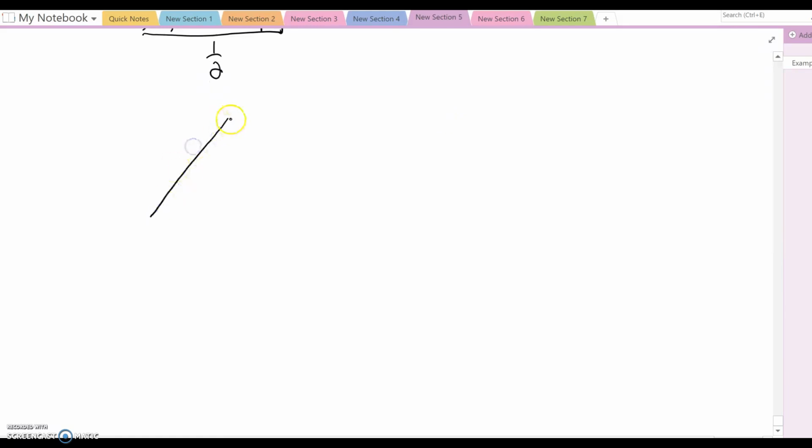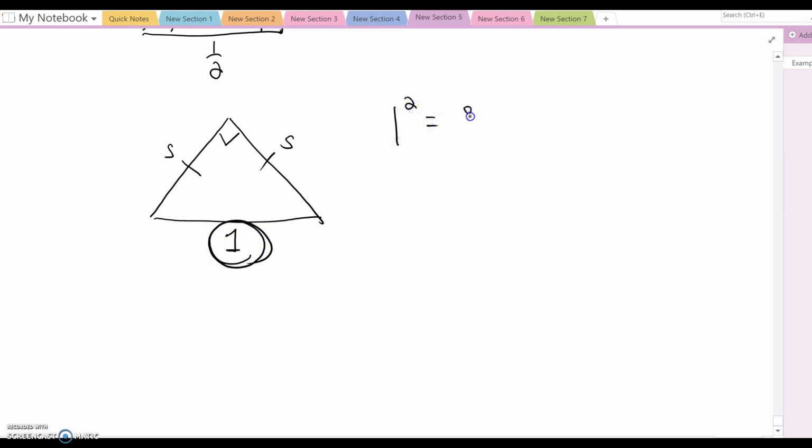What if this is 90 degrees and those two sides are equal? This one we just call an isosceles triangle. Now, I'm going to make the hypotenuse equal to 1 here. Because the sides are equal to each other, I can put s and s here. Since this is the hypotenuse, you can set up 1 squared equals s squared plus s squared, right? So 1 equals 2s squared.